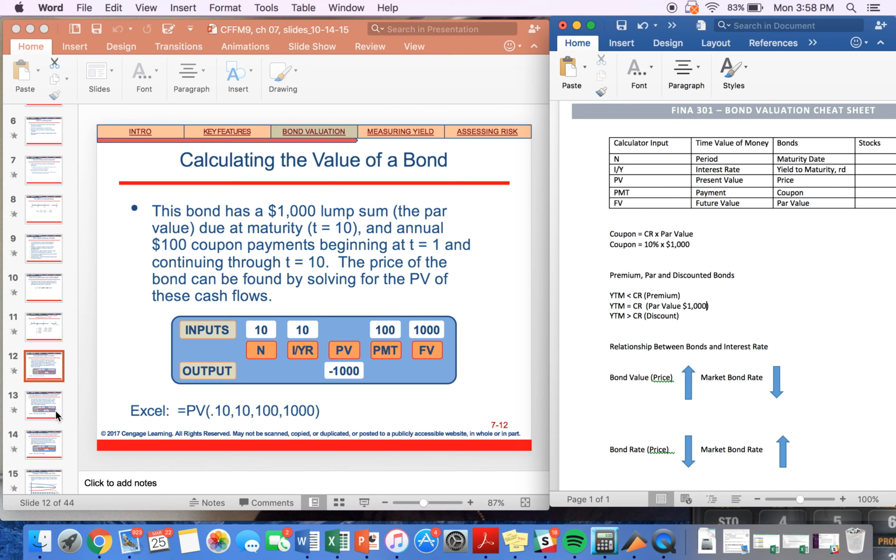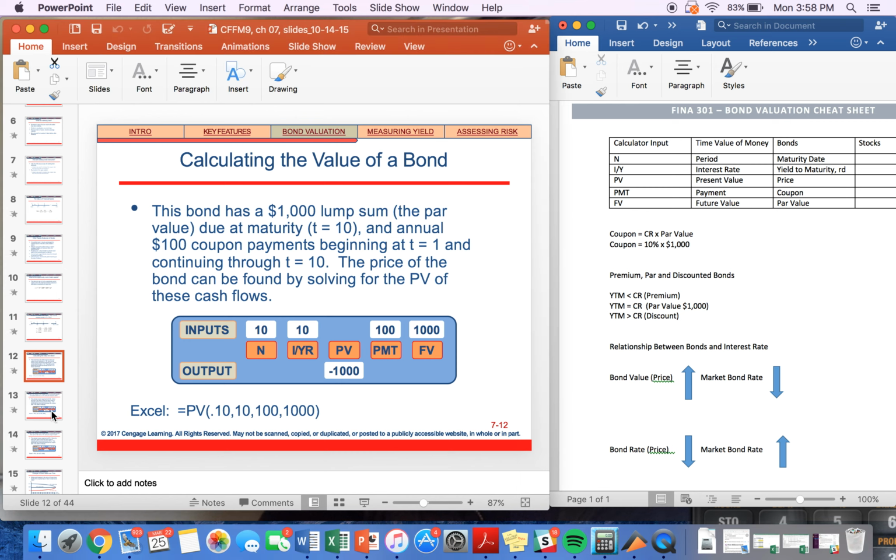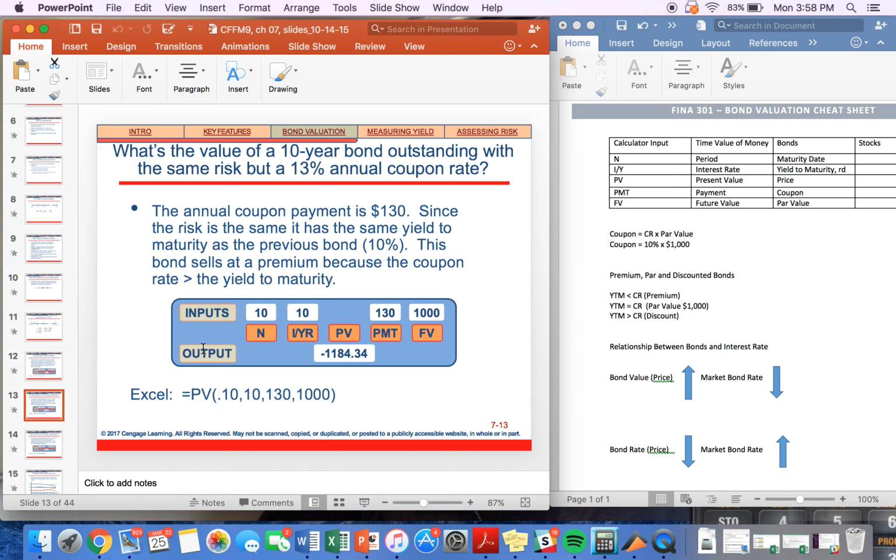Let's see if this rule that I just told you holds true. So in slide 13 here, it says, what's the value of a 10-year bond outstanding with the same risk but a 13% annual coupon rate? So in this scenario, your maturity is still the same, your N is still 10, your rate on the market, or your yield to maturity, is still 10%, but what's changed here is that your coupon rate is now 13%.